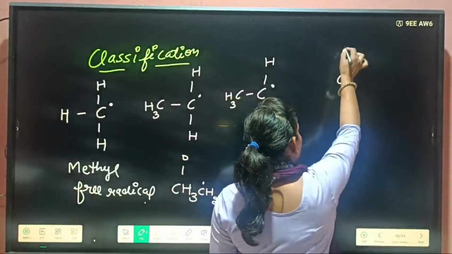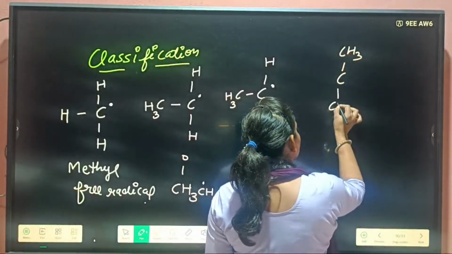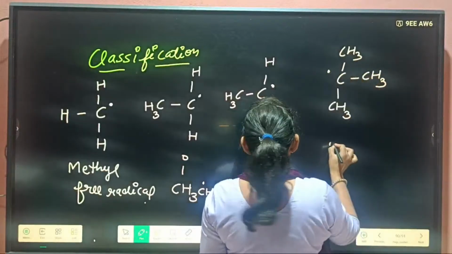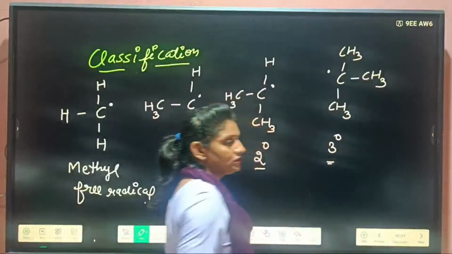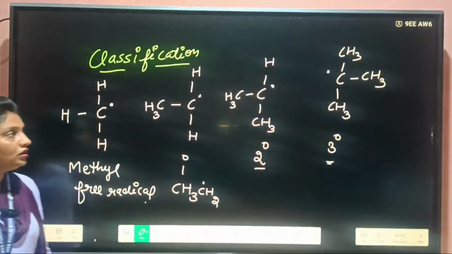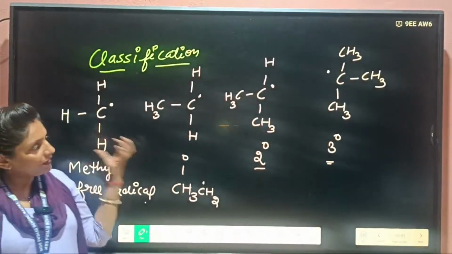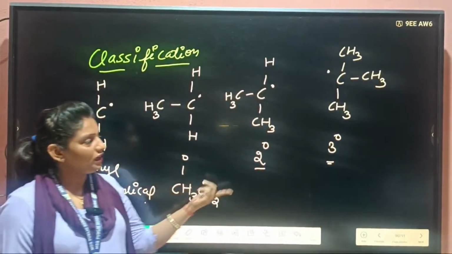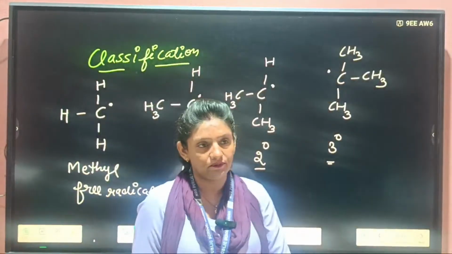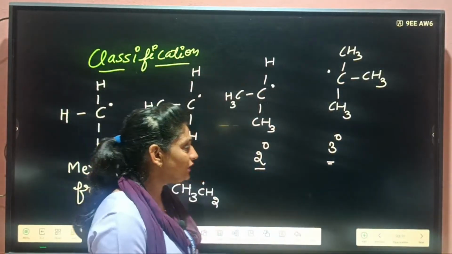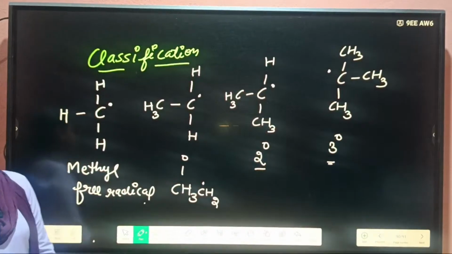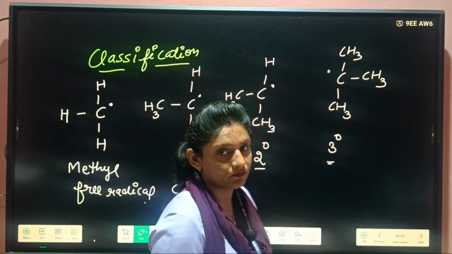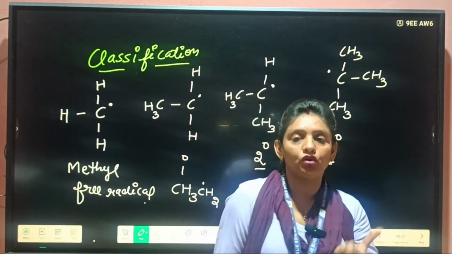And if it is forming all three bonds with other carbons, then it is known as the tertiary. So free radicals can also be classified into 0 degree, 1 degree, 2 degree and 3 degree.